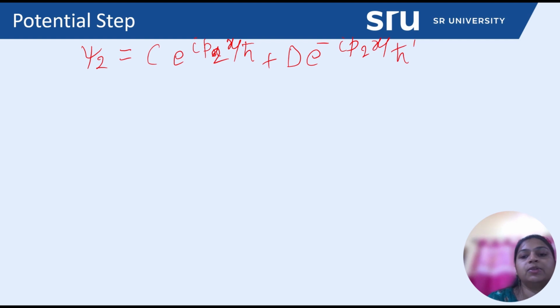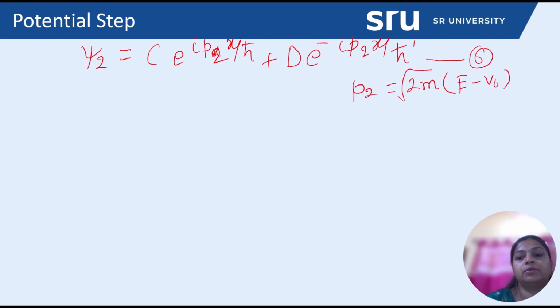Let's say this is equation 6. Here p2 is, in terms of energy, square root of twice m (E minus V naught), and c and d are arbitrary constants. Now in equation 6, the first term represents the transmitted wave.